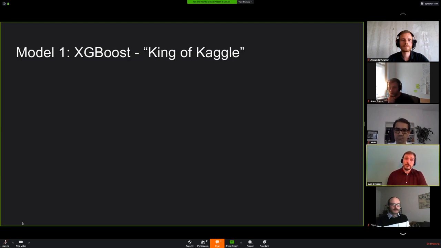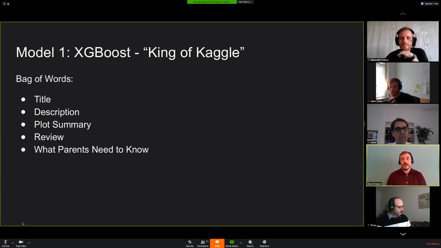For the very first model, I followed advice and used XGBoost, known as the king of Kaggle, an ensemble-based method. That required a lot of work, though I'm very thankful to the team who went before me because they introduced a lot of these concepts, so I don't have to go into a lot of detail.